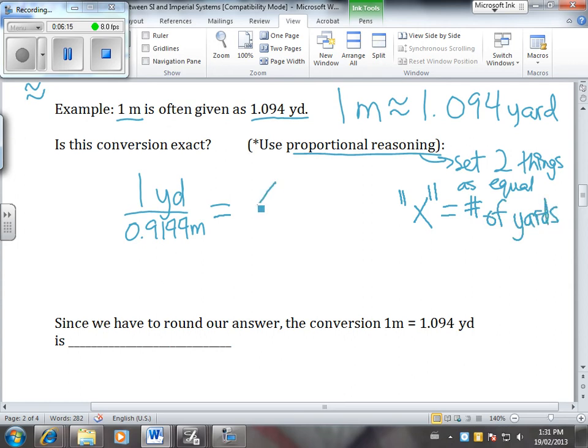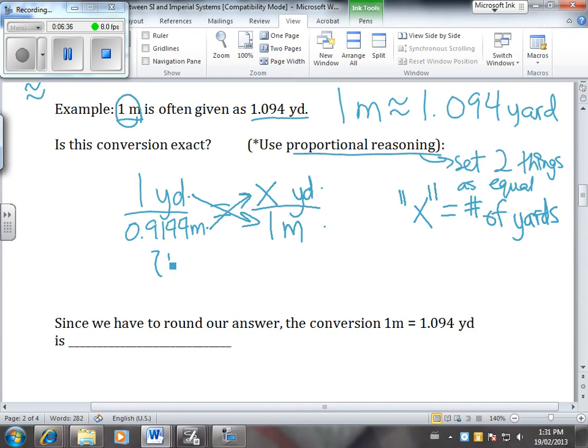Okay, so we'll have x yards, because we have yards over meters here, so we need yards over meters here per 1 meter, because we're looking for how many yards are in a meter. And then we cross multiply.